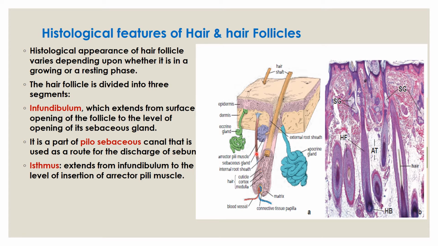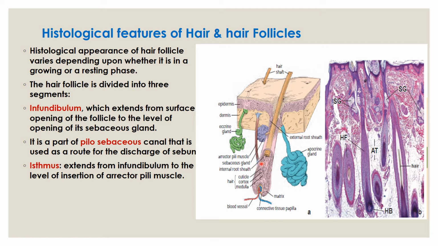This is the erector pili muscle, which is attached to this root of the hair, and the contraction of this erector pili muscle helps to erect the hair in the goose bump formations in the cold weather. The part of the hair from the attachment of the sebaceous gland to the attachment of the erector pili muscle is called the isthmus.